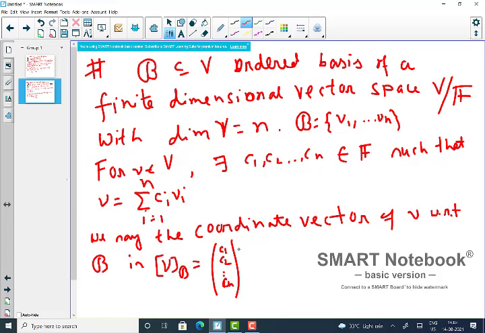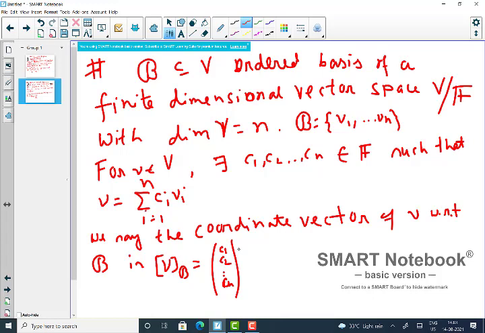So this will be this kind of column matrix, or we can say column vector also. This we will call the coordinate vector of v with respect to that basis.